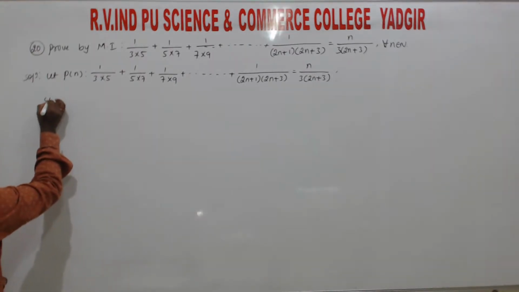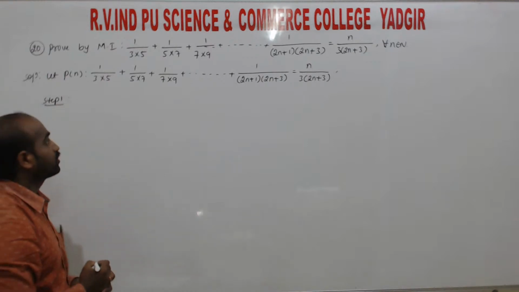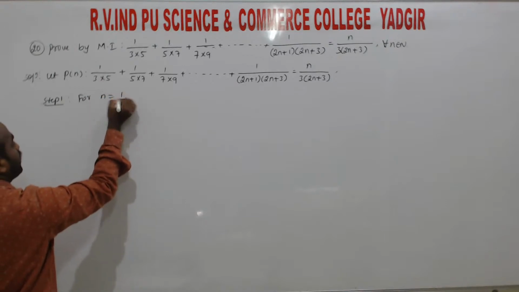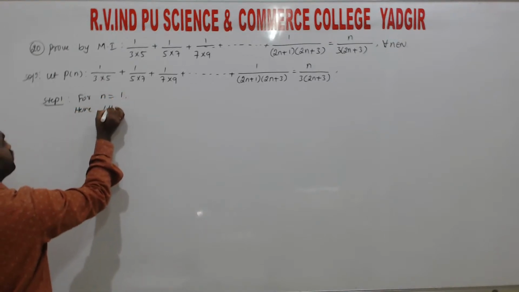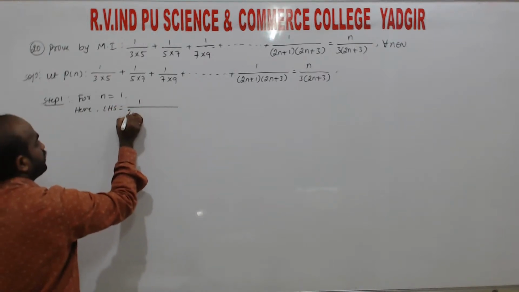Next, verify the statement P(n) for n = 1. On the LHS, the nth term is 1/((2n+1)(2n+3)).